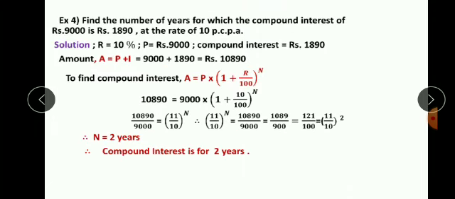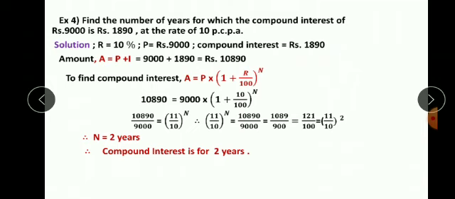Now see the fourth example. Example 4. Find the number of years for which the compound interest of rupees 9,000 is rupees 1,890 at the rate of 10% per annum. Here R is given as 10%, P is given as 9,000 and compound interest is given as 1,890.